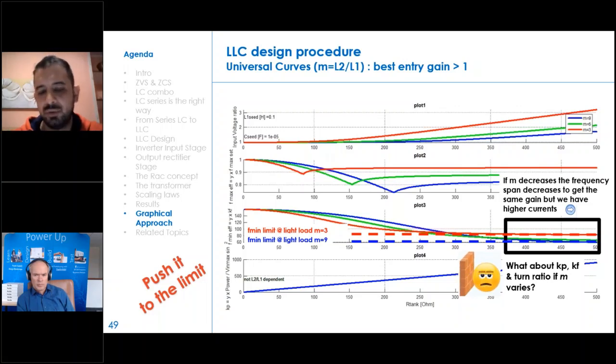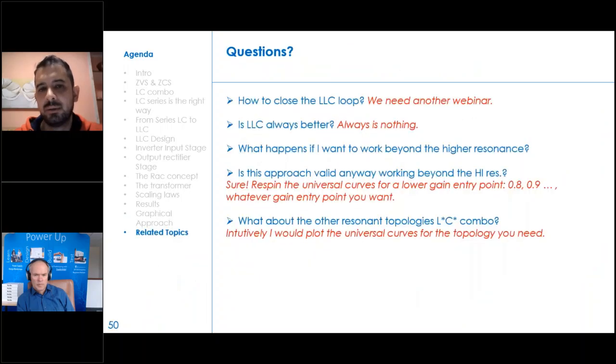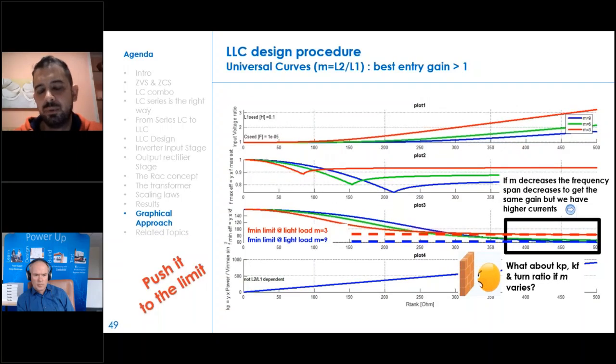If you plan to work beyond the higher resonance, targeting a best gain lower than 1, let's say 0.8 or 0.9, we did this job on our side. This universal curve stays the same, not probably identical in terms of the lower resistor side, but the algorithm is.